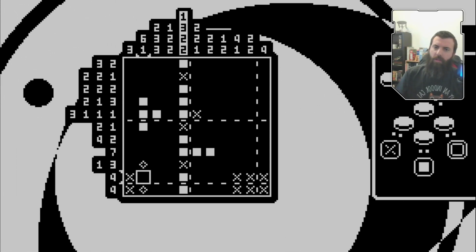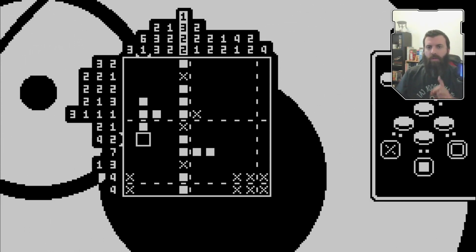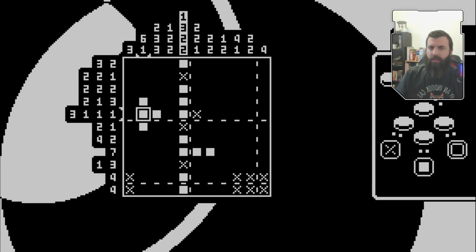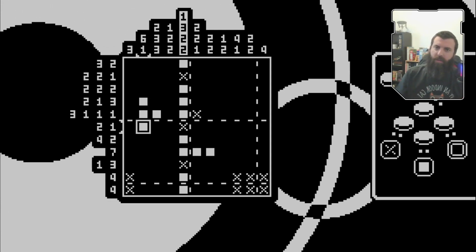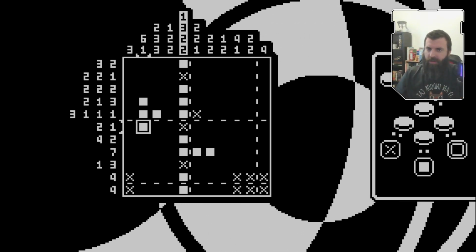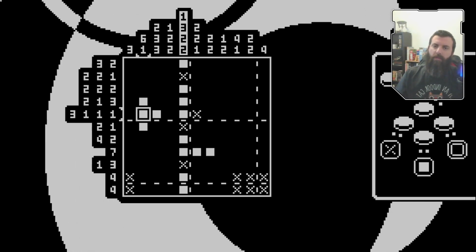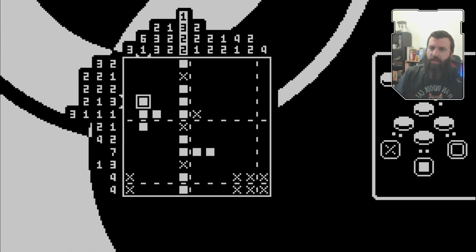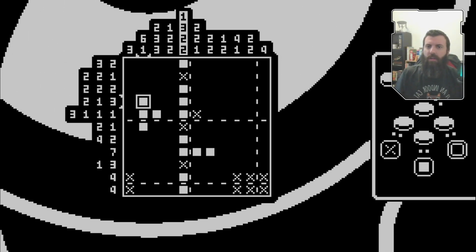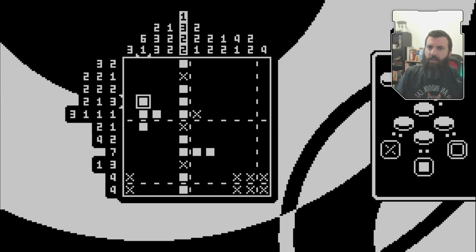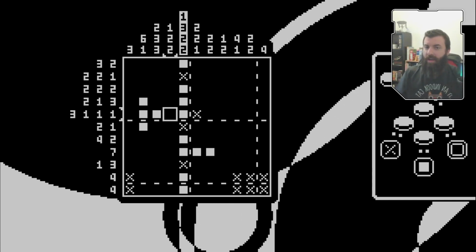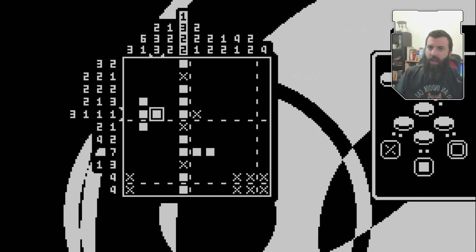Right, so on this column, confidently say that these have to be in for part of the 6. Highest arrangement of the 6 comes down to here. Lowest arrangement, 1 space 1, 2, 4, 5, 6. So these pixels definitely filled in that 6. That tells us, all right, this has to be part of the 3.